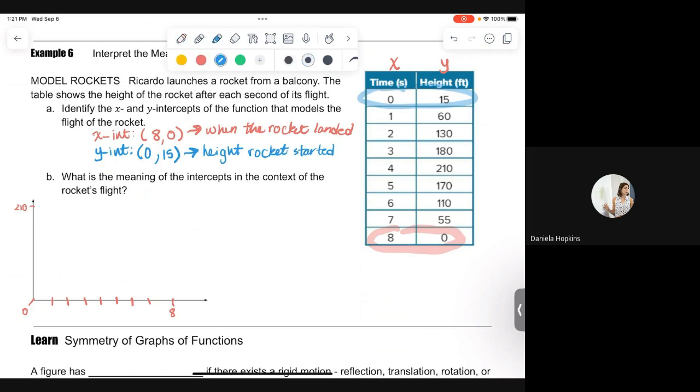Basically, what's going to happen is we don't start at 0. We would start at 15 down here. So if I were to draw how this projectile moved, it would basically be like that.